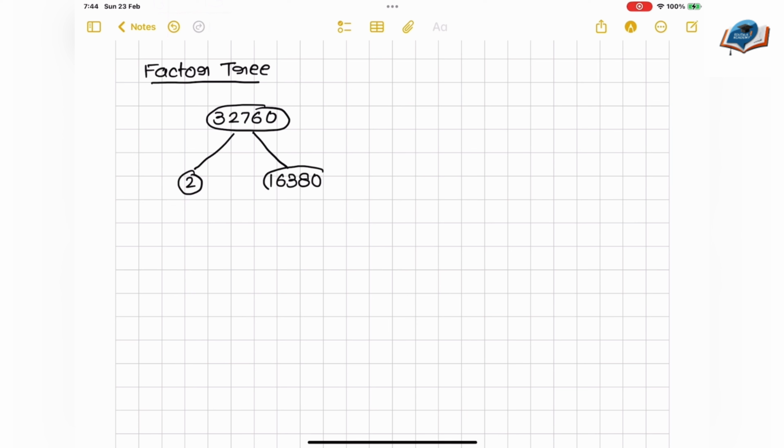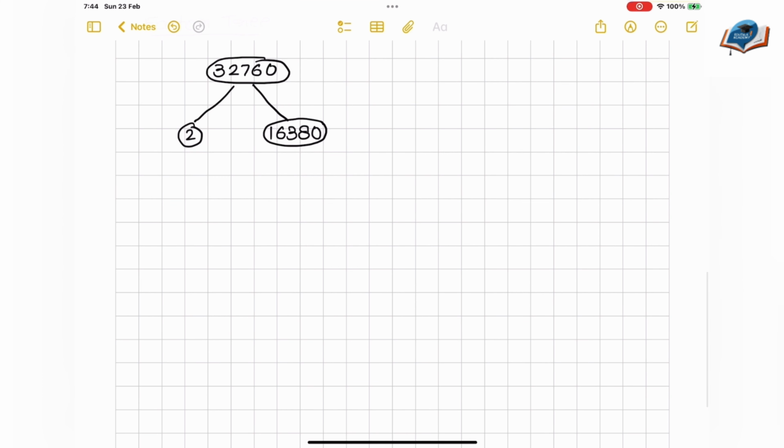See what I am doing, the prime factorization which I have taken, that only I am representing in a tree diagram. So for making a tree diagram, you need the prime factorization of the number.